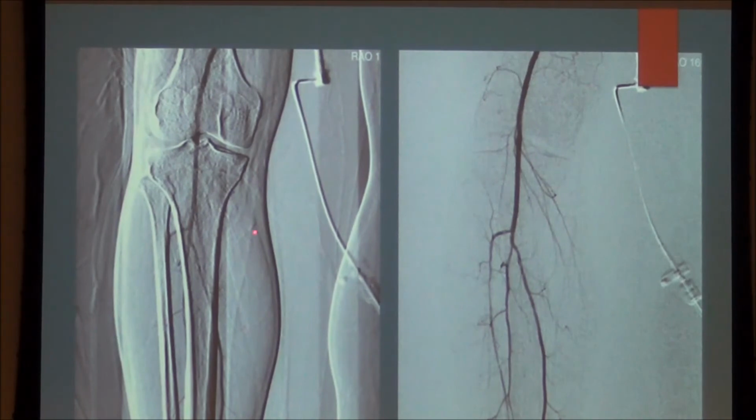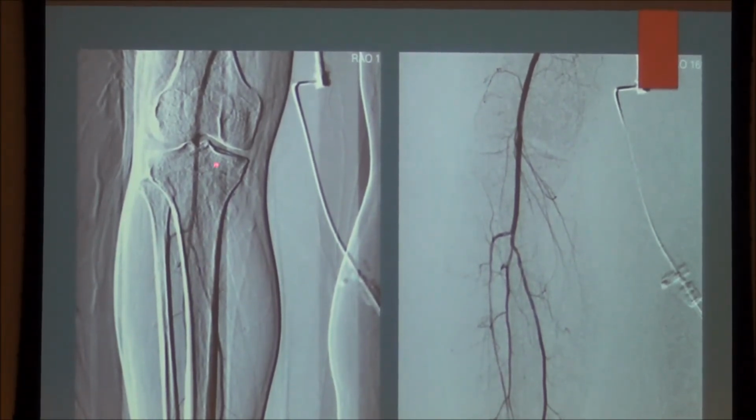This is the subtraction technology. If you compare these two images, they are the same angiogram, but the software processes this. There's some motion artifact, there is some overlapping, but the post-processing will give you this image, which shows so nicely that the arteries are patent.